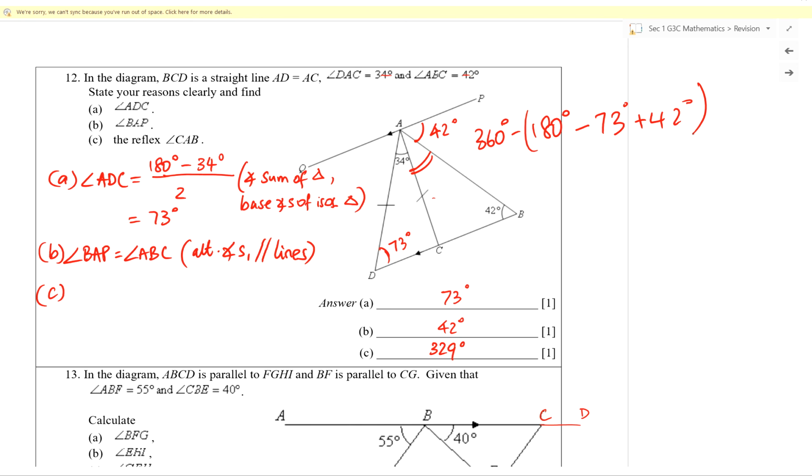So he's saying that everything adds up to 360. Then he takes away this whole chunk. So where did the 180 come from? This 180 degrees, right? Then he takes away 73. Where is the 73? Oh, this one? Okay, he took away this angle. Then what is plus 42?